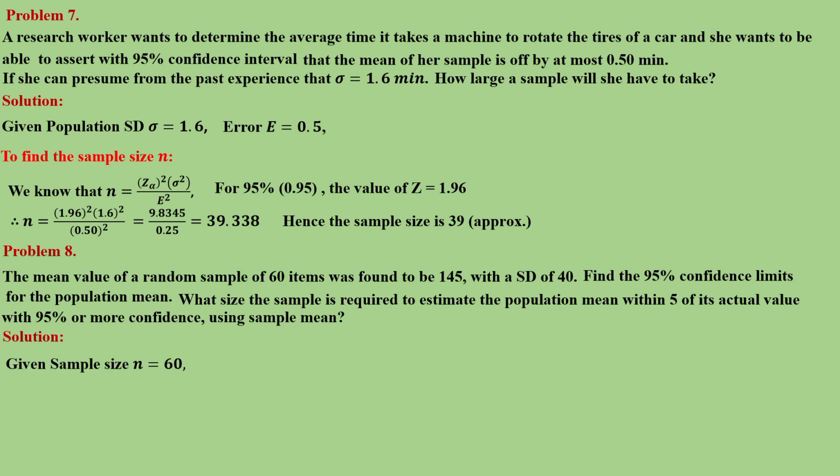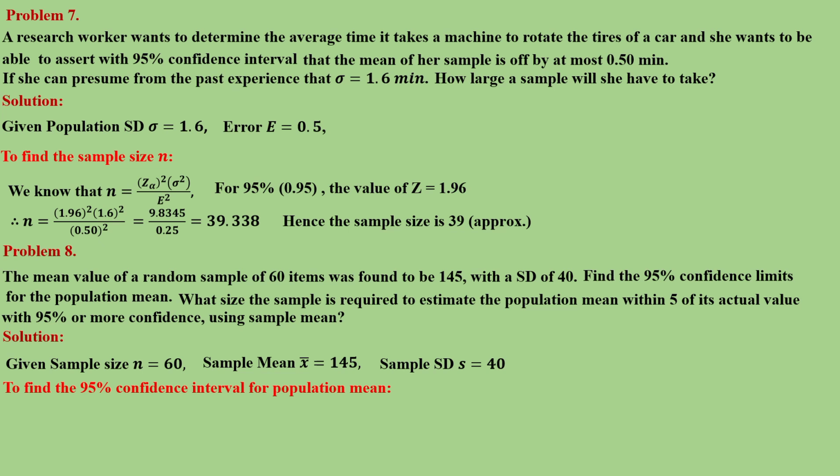So here given sample size n is equal to 60. Taking the first line, the mean value of a random sample of 60 items, n is equal to 60. Sample mean x bar is equal to 145, and its standard deviation small s is equal to 40.